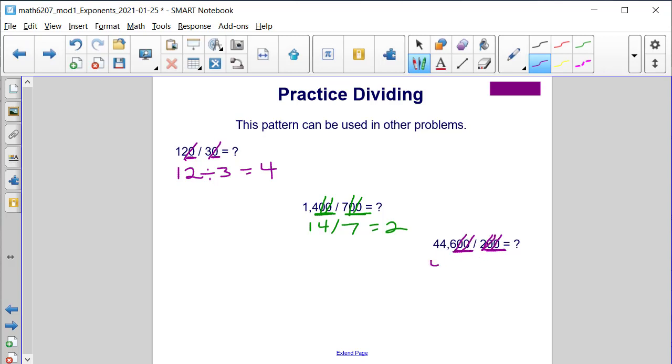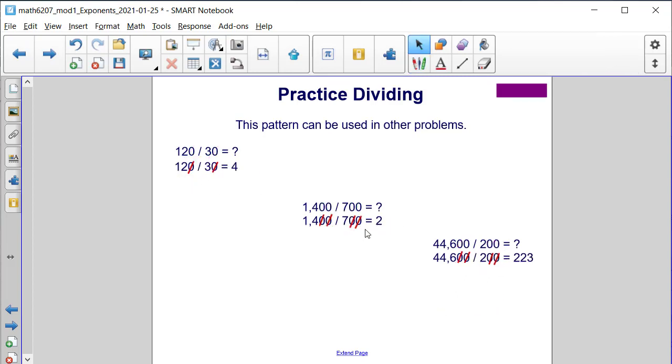So now we have 446 divided by 2, which is 223, because 2 divides into 4 2 times evenly. 2 divides into 4 again 2 times evenly. And 2 divided into 6 is 3 times, or 6 divided by 2 is 3. So our final answer here is 223.